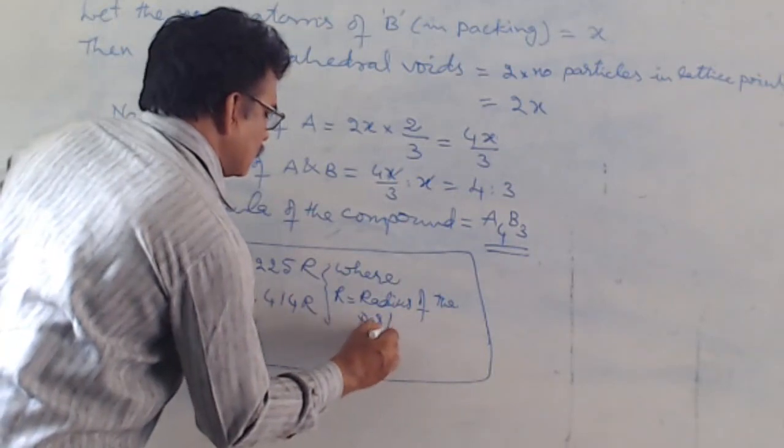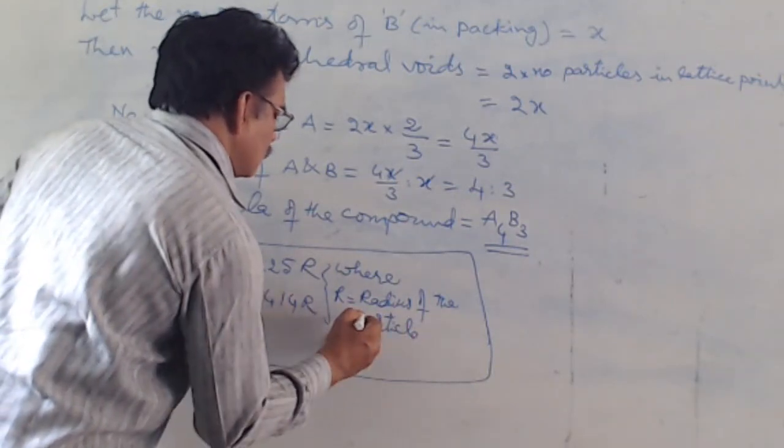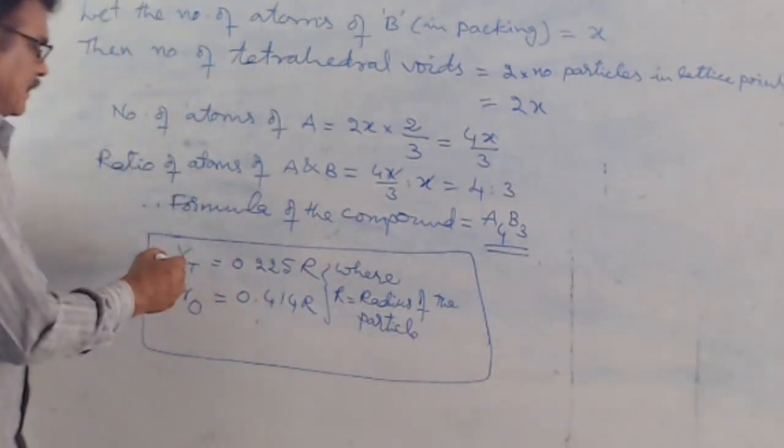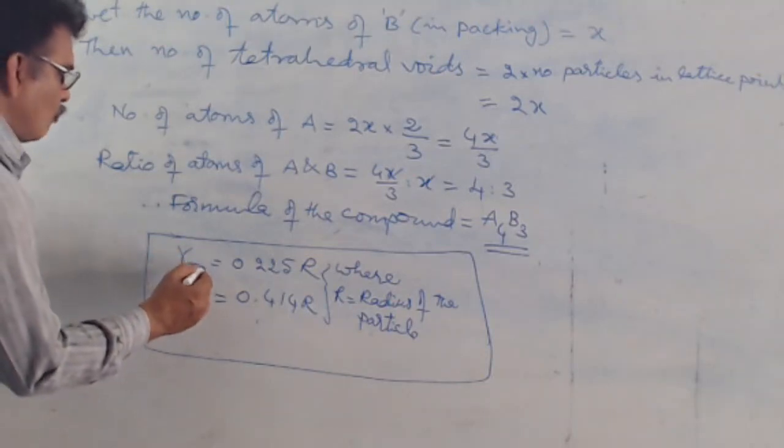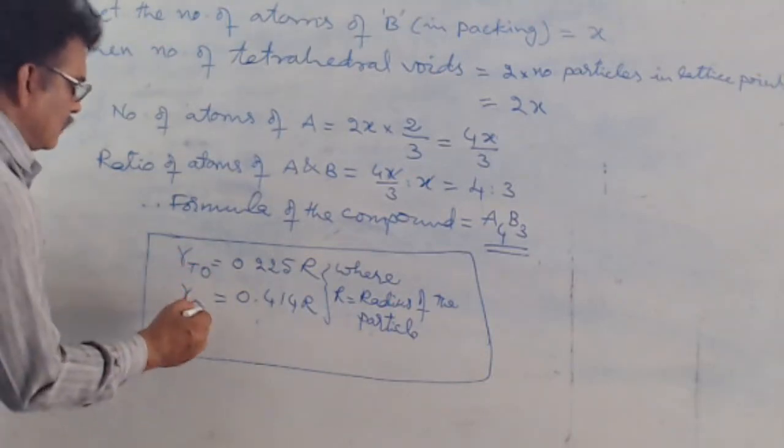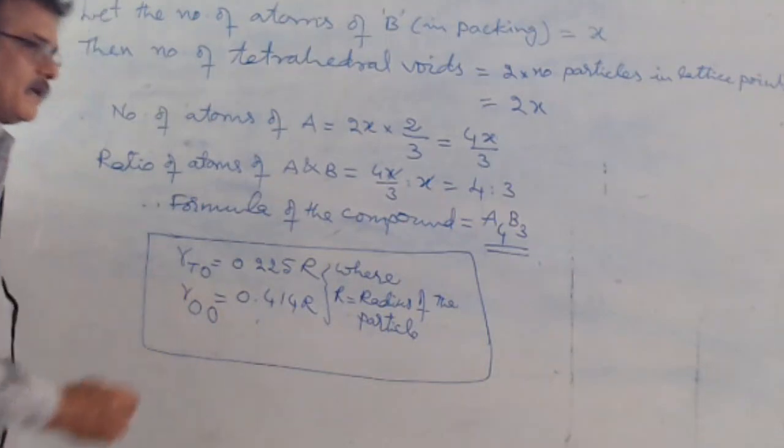What is small r? Radius of the void. This is the radius of the tetrahedral void, and this is the radius of the octahedral void.